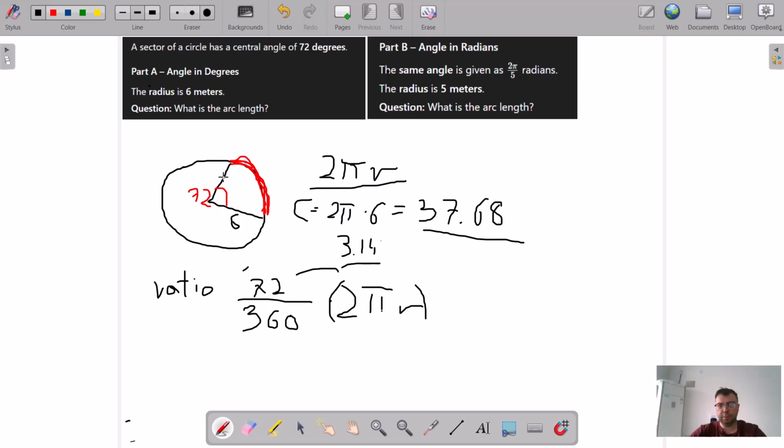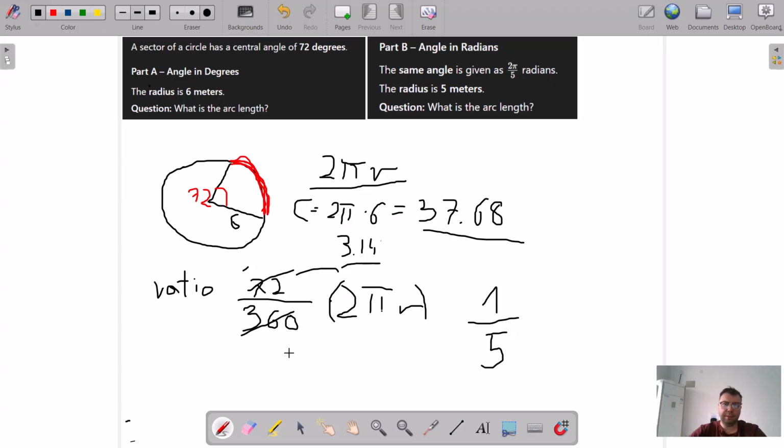So look at this number, 72 over 360. We can simplify this fraction. You have to find a common divisor to divide it. If you keep dividing by 2 or 6, you will find it's 1/5.